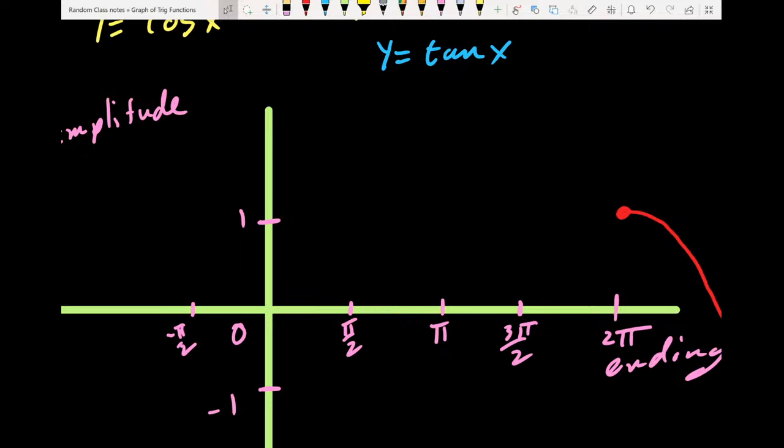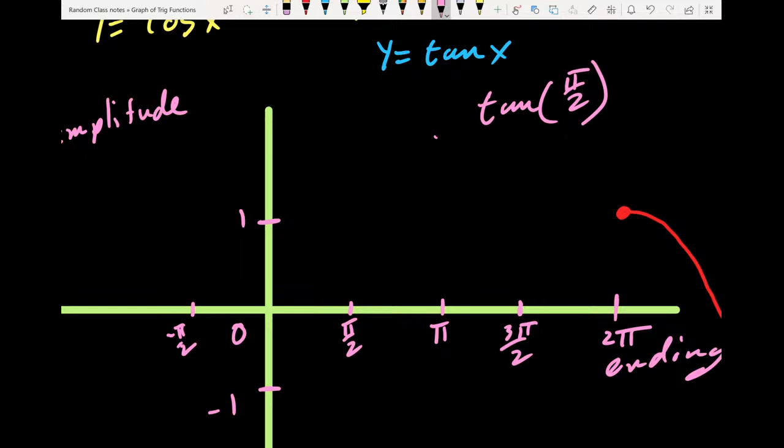What is it? It's 0? What? Tangent of pi over 2? Am I making a mistake? Let me see that. You get sine of pi over 2 over cosine of pi over 2. No, I know. This is what you guys are doing. Oh, Jesus. This is what I meant by that. Tangent of pi over 2. That's what I want you guys to do.